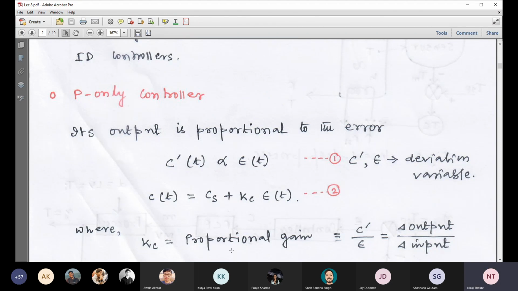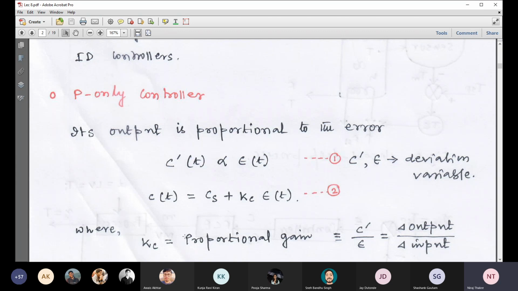Now this gain is involved with the proportional controller. That's why this term is there. I repeat, the general definition of gain is change in output by change in input. So that's why the gain term is present here.